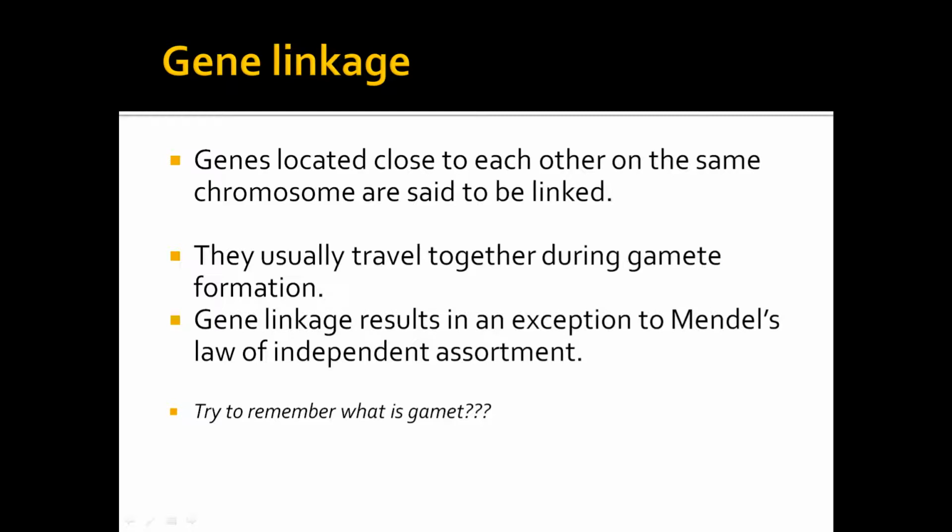Research on the fruit fly, Drosophila melanogaster, that's the Latin name for the fruit fly, revealed that linked genes do not always travel together during meiosis.